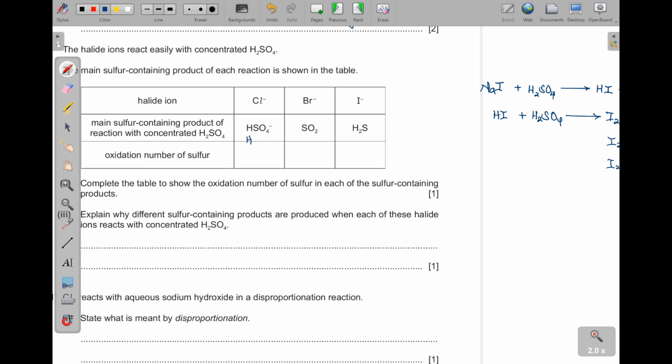Remember, there is also HCl, but this one is not broken down. Now the HBr is broken down, and then you have the bromine, then the sulfur dioxide, and then the water. Then here you also have iodine, hydrogen sulfide, and then water. That is what you should know there.